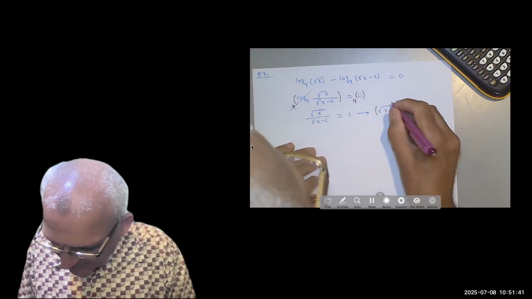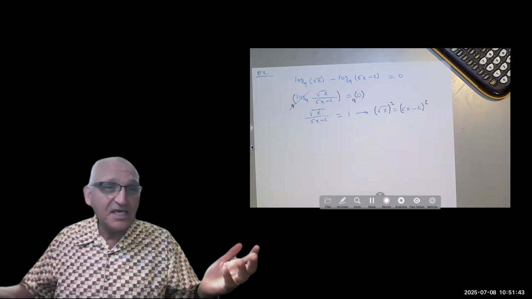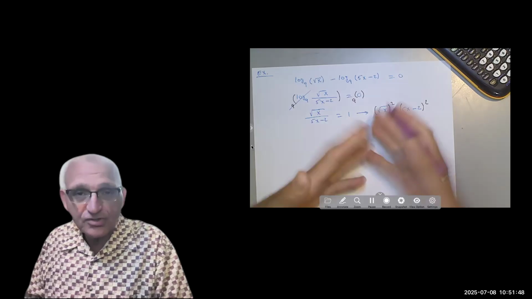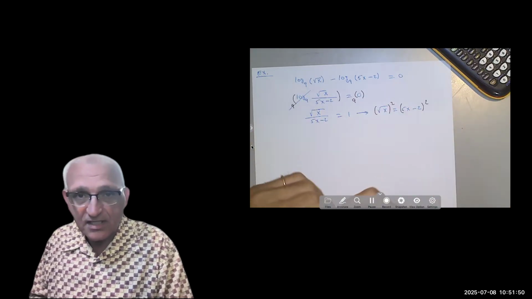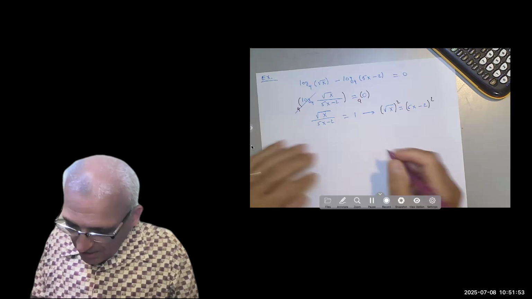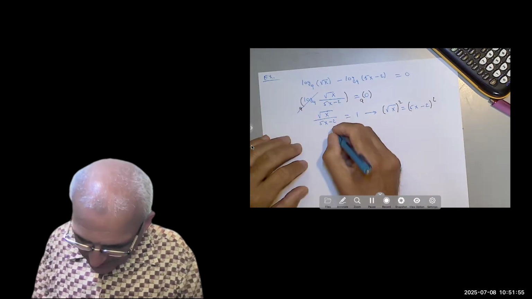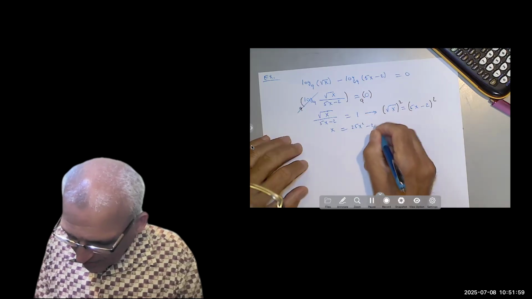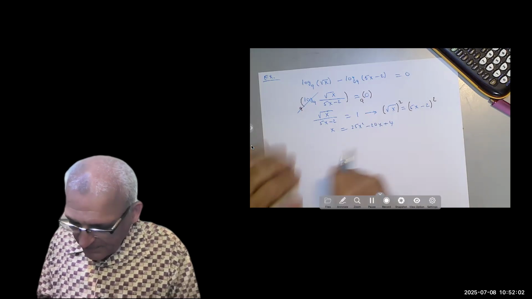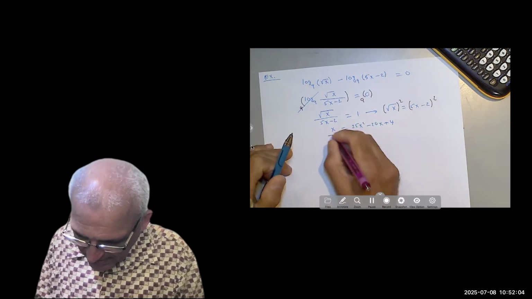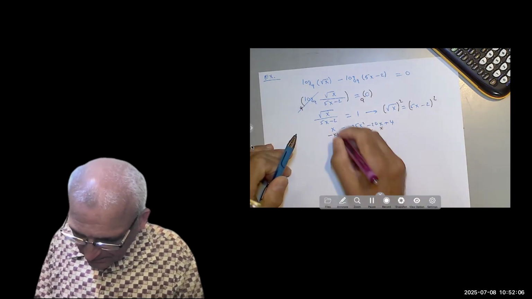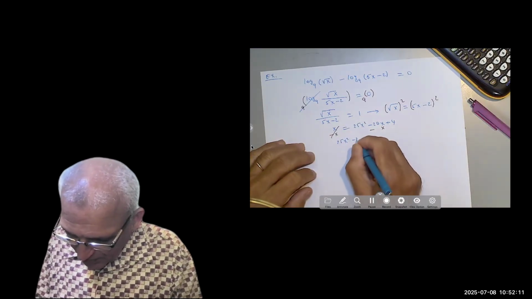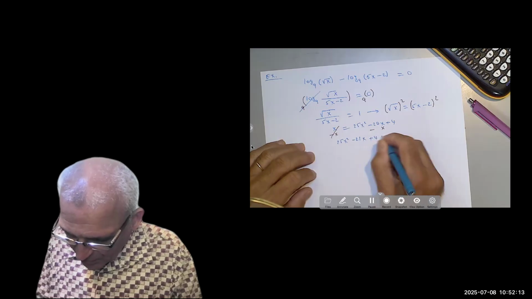Let's see if I square both sides, because now it became a radical equation. The left-hand side becomes x. The right-hand side is 25x squared minus 20x plus 4. I'm going to subtract x from both sides. And I will get 25x squared minus 21x plus 4 equals 0.